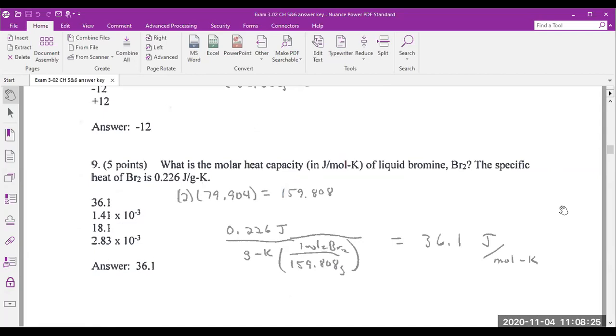So you needed to convert grams to moles, so you needed to calculate the molecular weight of Br2. The atomic weight of bromine is 79.904, so you multiply that by 2 to get 159.808, and then we can convert grams to moles. And if we do that math correctly, we get 36.1 joules per mole Kelvin.